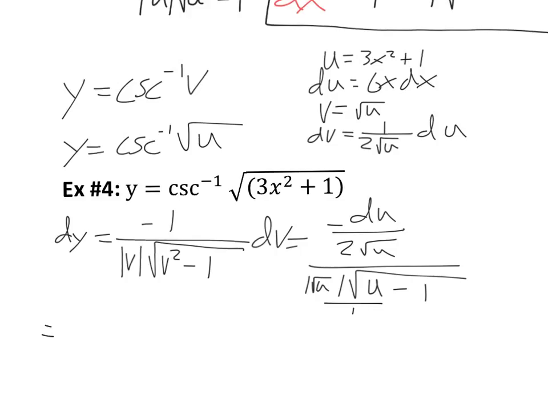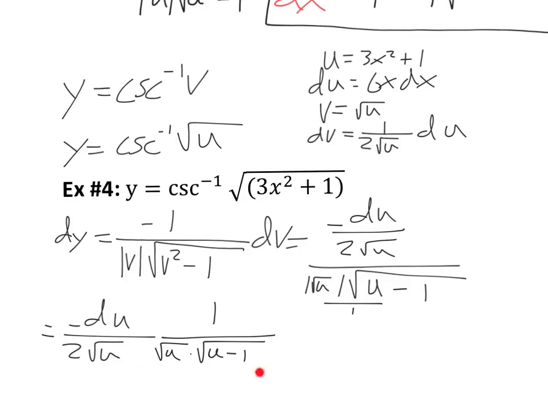It would equal negative du over 2 times the square root of u times 1 over the absolute value of the square root of u, but technically this is redundant because the square root is going to give us a positive value, so we don't really need these absolute value signs anymore. We could just say the square root of u times the square root of u minus 1. Well, I hope you can see what I see here. Now, if I just multiply everything on the denominator, I end up with a square root u times a square root u.